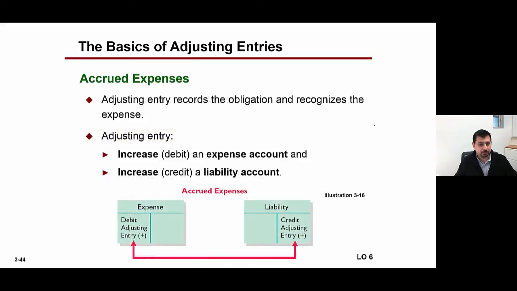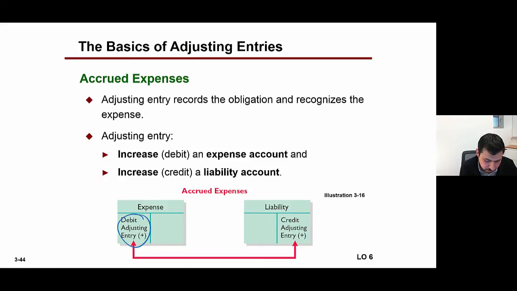So for example, at this point, in order to record this obligation and to recognize the expense, the company increases the expenses. As a result, they debit the expense.